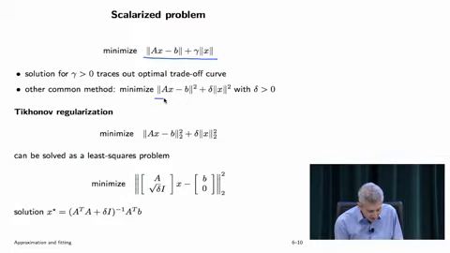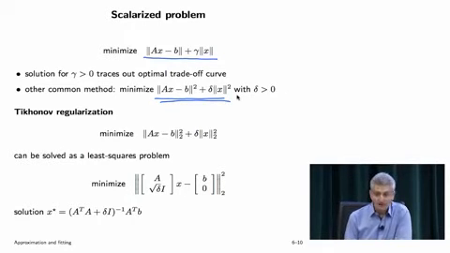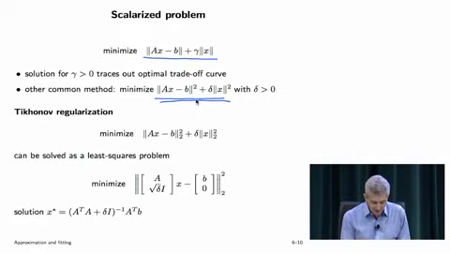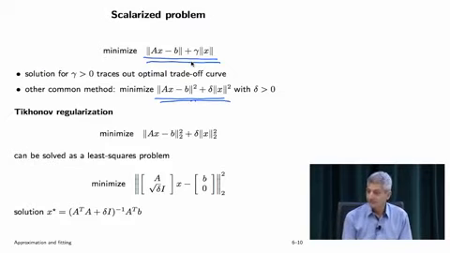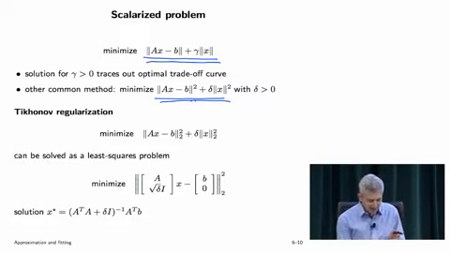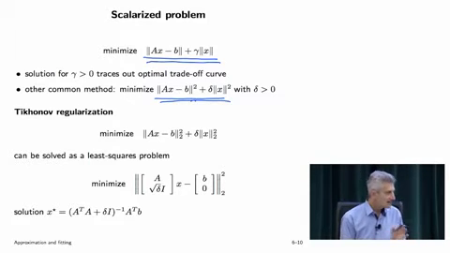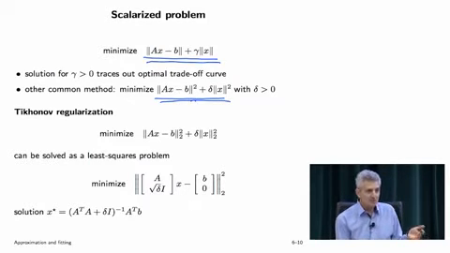A very traditional method is to square the two. You get the same trade-off curve, and by the way, that's something you would want to check, right? That in fact the curve of solutions here, parameterized by delta, is identical to the curve of solutions parameterized by gamma here. So in fact, you could even work out how delta and gamma are related, and it's not totally straightforward, and it has to do with the particular problem.